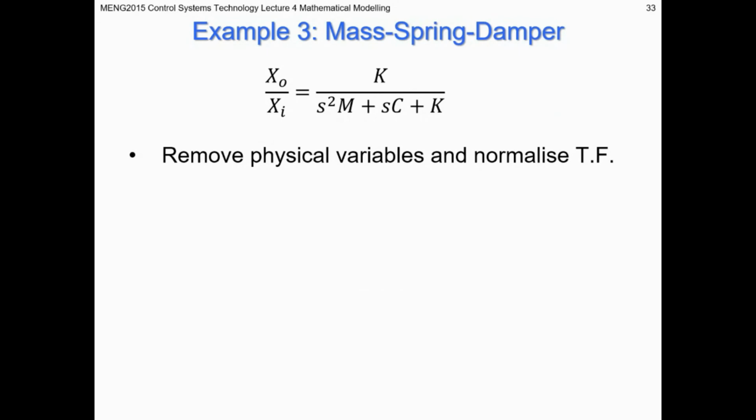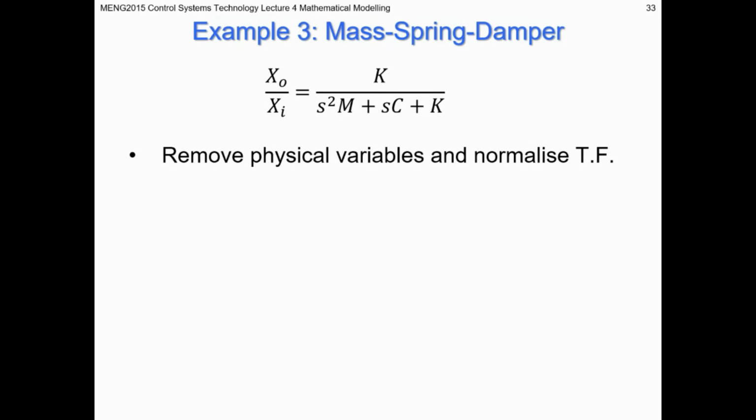But what we want to do now is take this transfer function, and like we did with the first order systems where we expressed them in terms of time constant, I want to express this second order transfer function for the mass spring damper in what we would describe as our normalized form. So for that we're going to remove our physical variables.